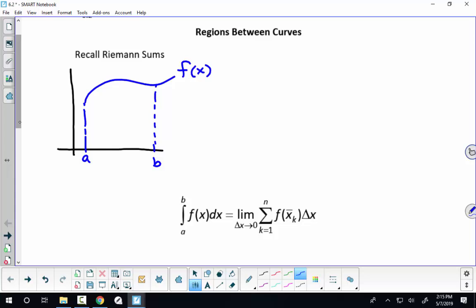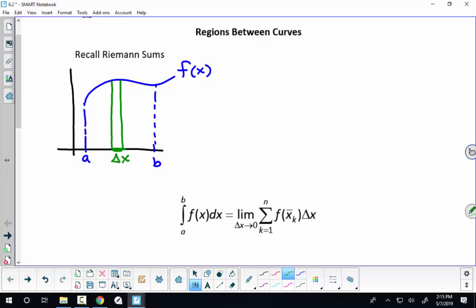So just remember here what we did was we said in order to get this sum formula here, we looked at our rectangles. And we said here the thickness was some delta x.